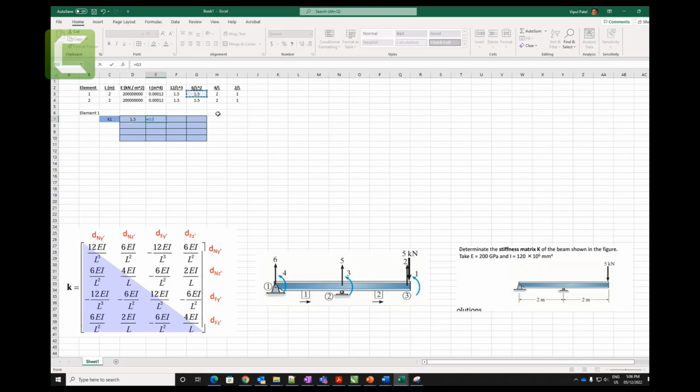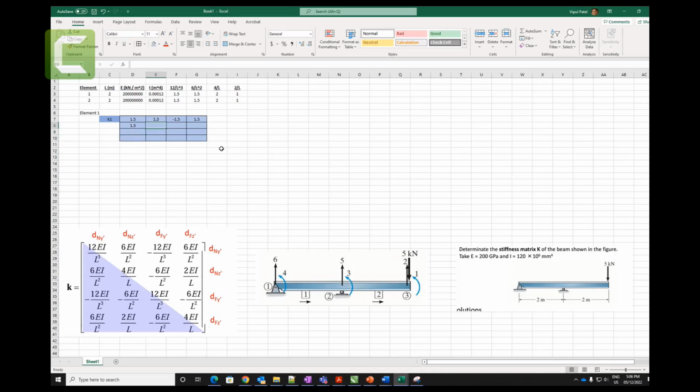So I'm picking all of this for element number 1, 1.5. Minus, equal to minus 12 on L cubed, which is this one, 12 on L cubed, equal to 6 on L square, 6 on L square. That's done. 6 on L square equal to 6 on L square positive.